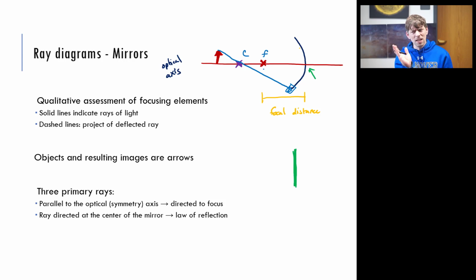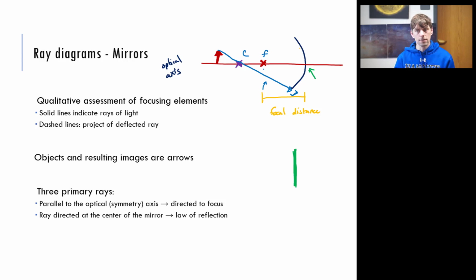You say, well, it's going to be angled and yada, yada, yada. Let me ask you a different question. How does the direction of the normal for that little piece of mirror compare to the direction that the incoming ray is traveling along? The key is that the ray passes through the center of curvature.